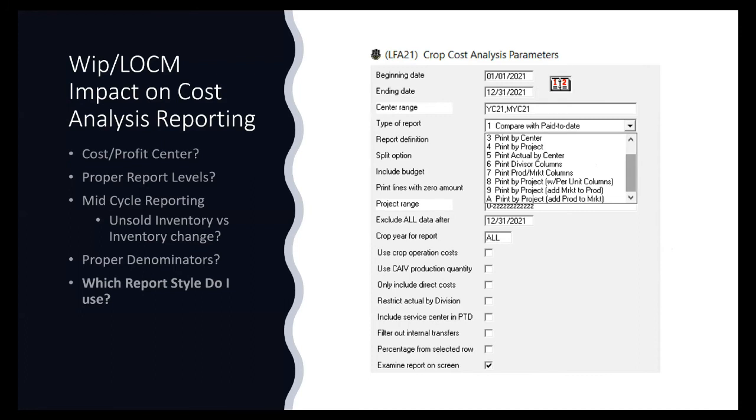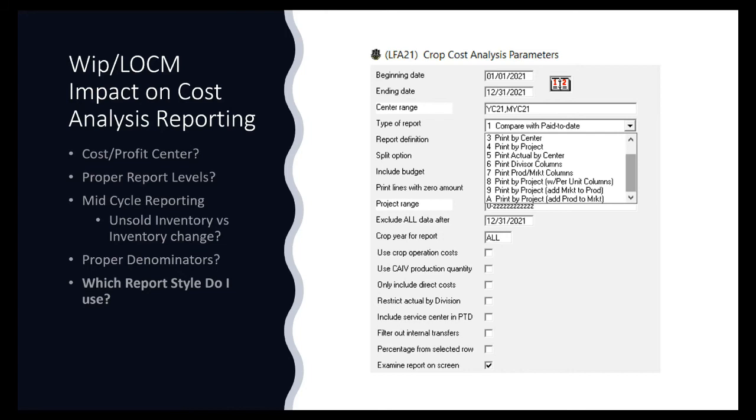So, to introduce you to, well, first of all, I'll just go through what a cost center, a profit center and cost center report might look like. But there's issues for WIP, what I'm going to call WIP-based reports, or project-based reports, group reports, non-WIP reports. It's like we showed on the income transaction plus income statement.